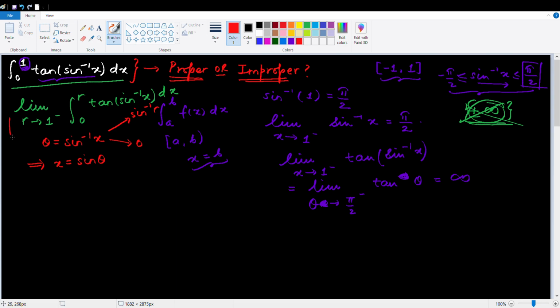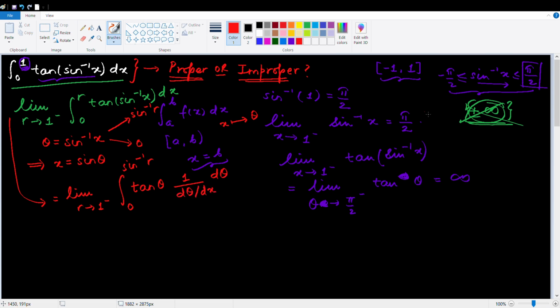So this will be equal to the limit r tends to 1 from minus of the integral from 0 to sine inverse r, and I've used theta over here, so I'm going to use the variable d theta. And to change the variable from x to theta, I must use the substitution factor.